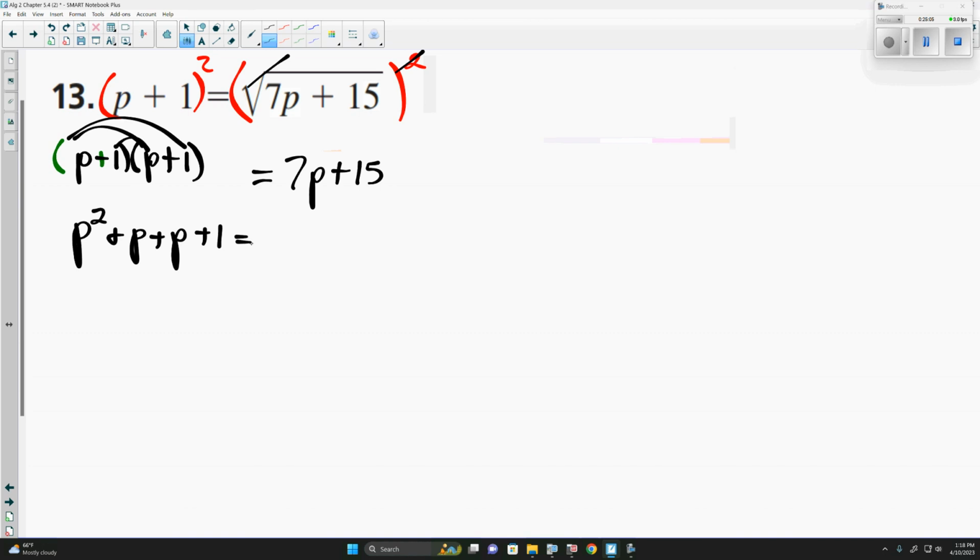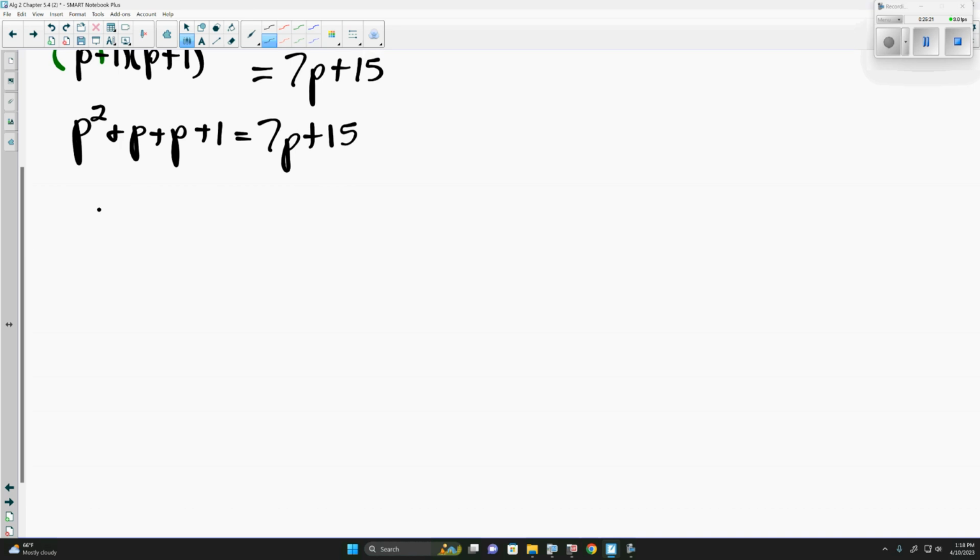We've got to use our distributive property again. It's very tempting to just say p plus 1 squared is p squared plus 1, but we have to multiply it out. Now we can combine our like terms. P plus p is 2p.